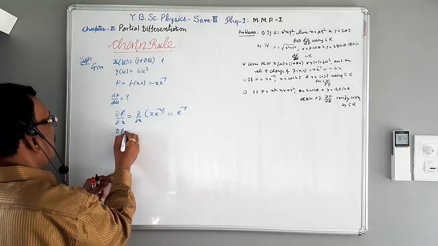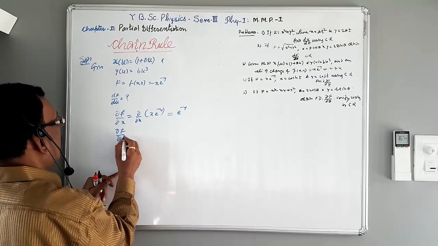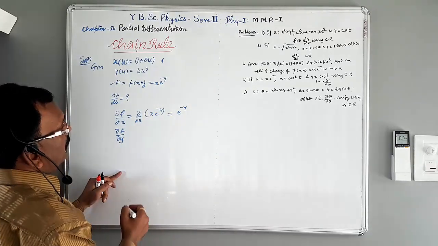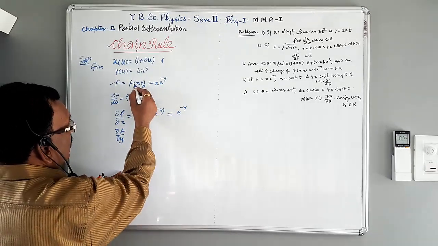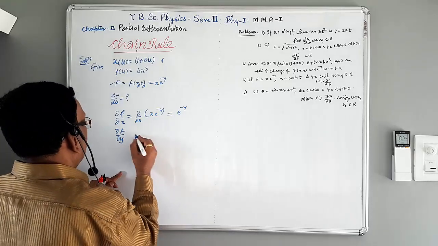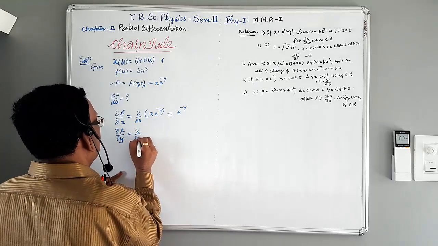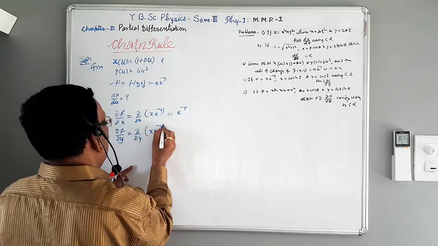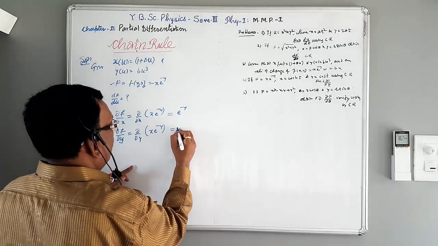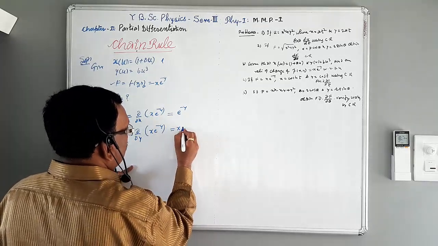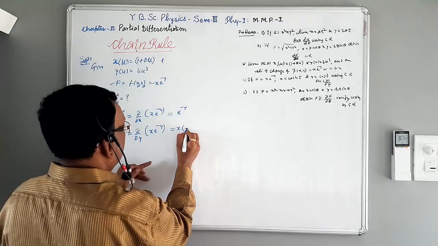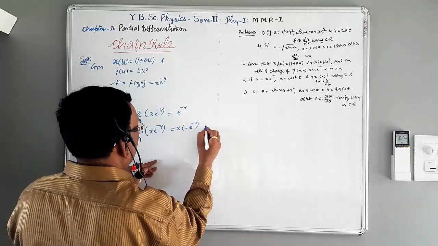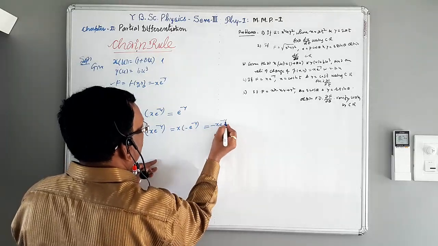Similarly, delta f by delta y, that is differentiate given function once again with respect to y. Here we differentiate the function with respect to y, and therefore delta by delta y of x e raised to minus y is equal to, here again x into minus 1 e raised to minus y, which is nothing but minus x e raised to minus y.